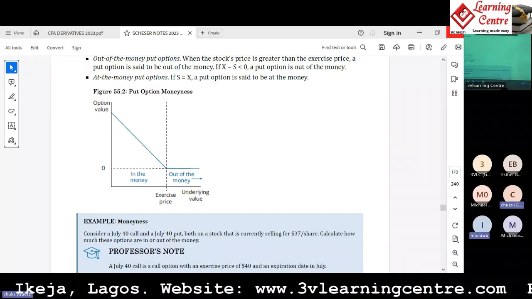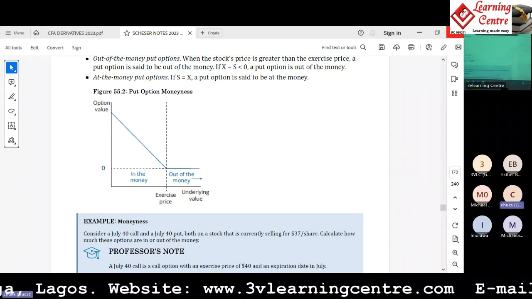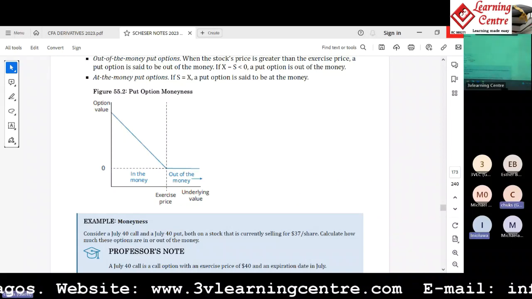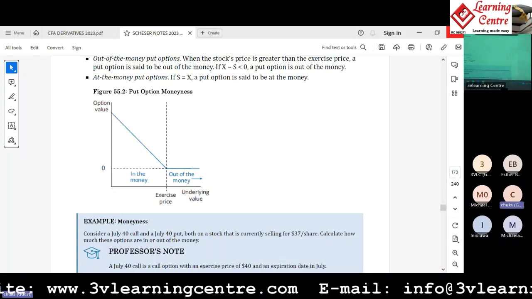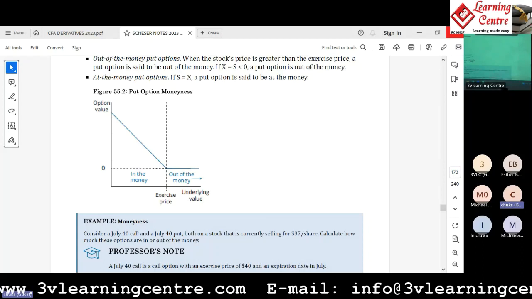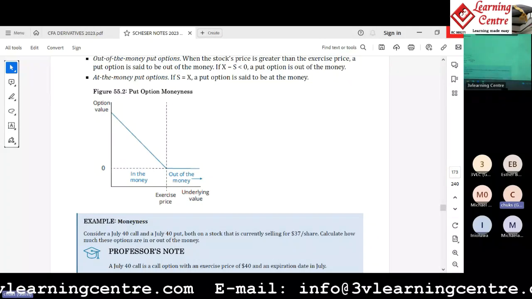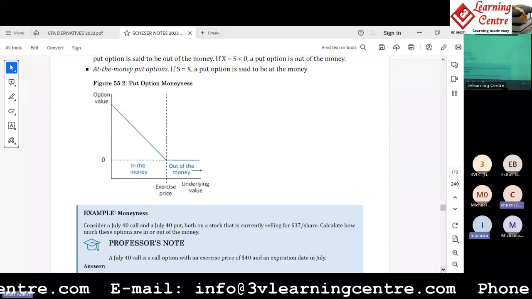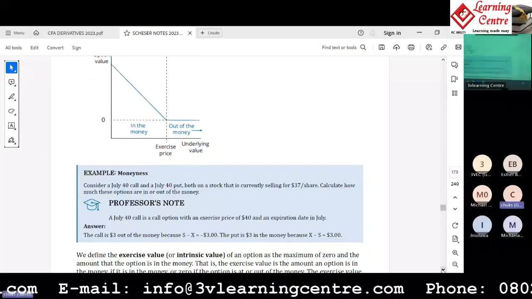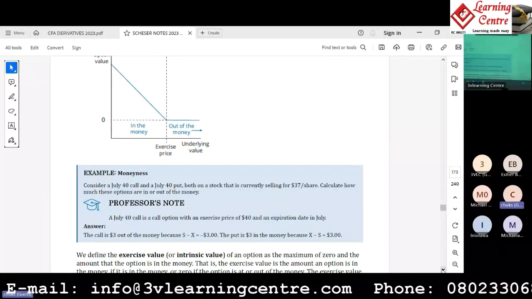The call is to buy. I'm going to buy, and now I agree to buy at 40. But now the market is selling at 37. So I'll go to the market and buy at 37. So it's out of the money for $3. And then, of course, if the call is out of the money, the put is automatically in the money.